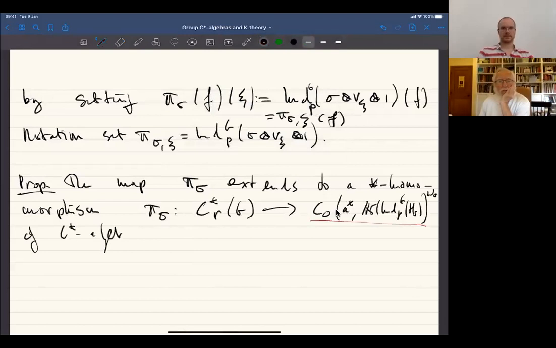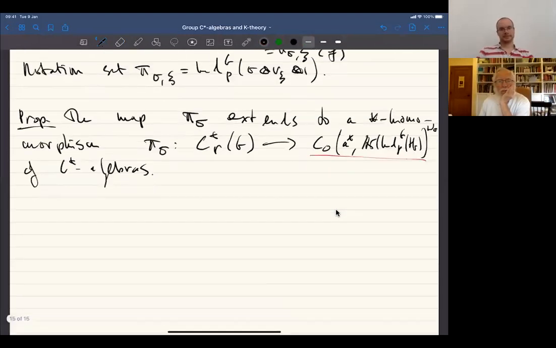So this is a star homomorphism of C-star algebras. That's how you can view this.